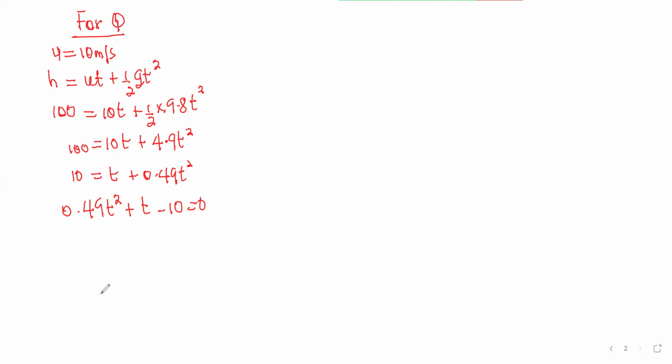Good. And when we compare this to the general quadratic equation formula, ax squared plus bx plus c equal to 0, here our variable is t, so we can write it as at squared plus bt plus c equal to 0.